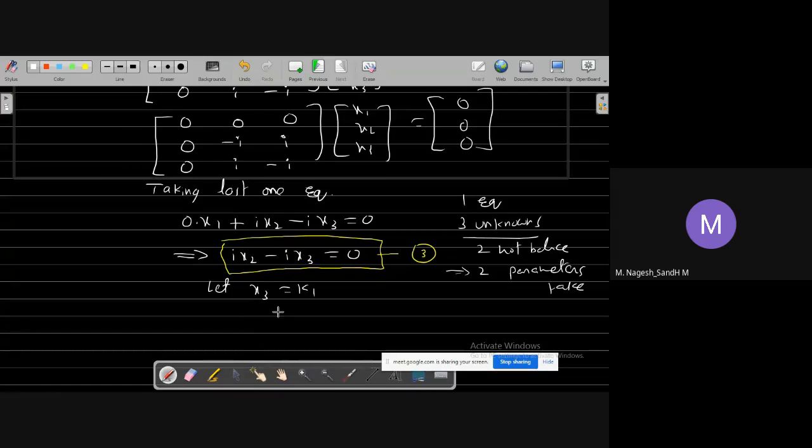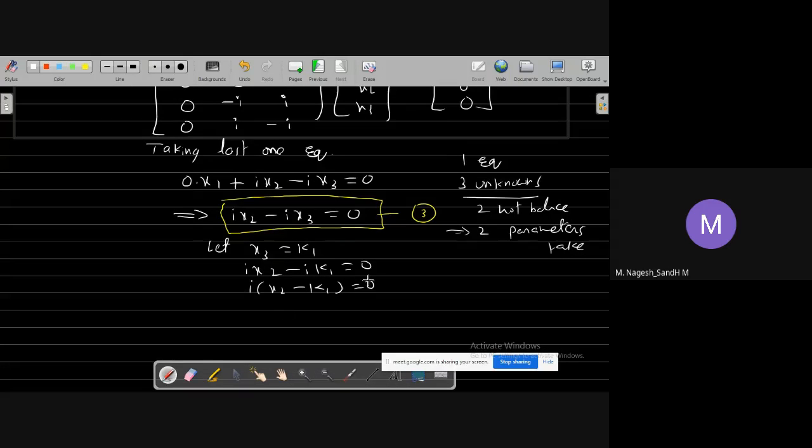Then i into x2 minus i into k1 equal to 0. Taking i common, i times (x2 minus k1) is equal to 0, which implies x2 minus k1 equal to 0. So x3 is equal to k1, and x2 is equal to k1.